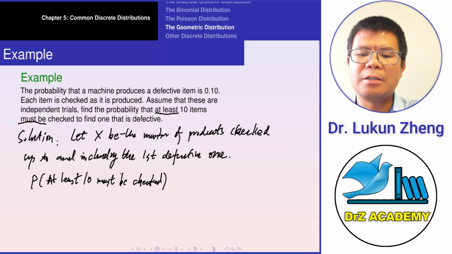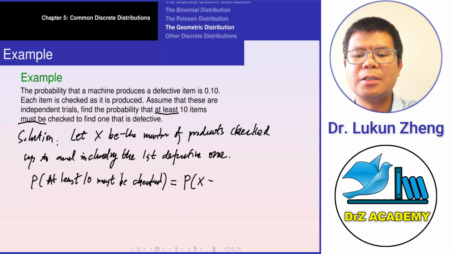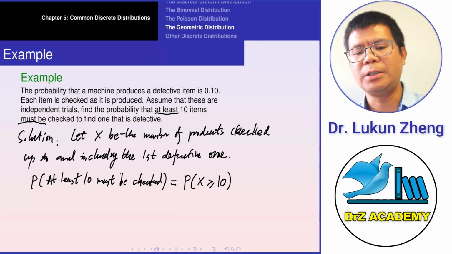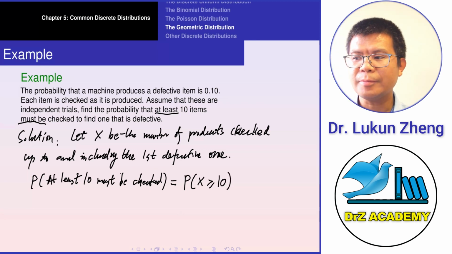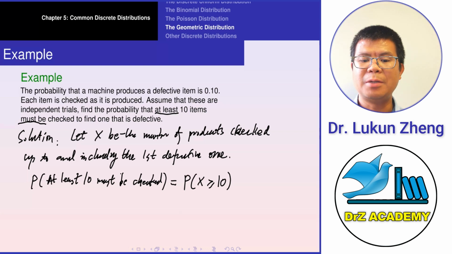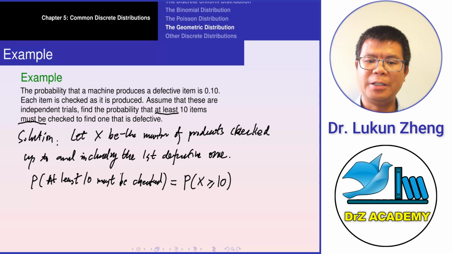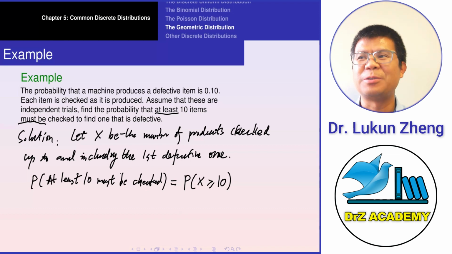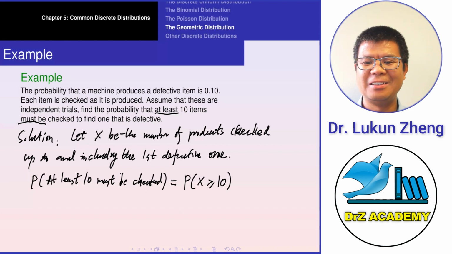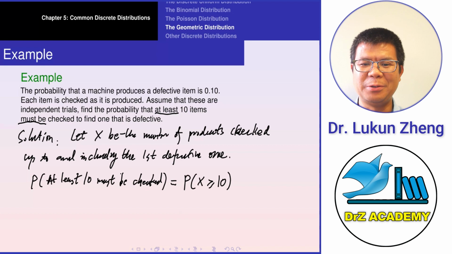It's the same as the probability for x greater than or equal to 10, right? So at least 10 must be checked to find one that is defective, so x must be greater than or equal to 10, right? So that's to find one that is defective.